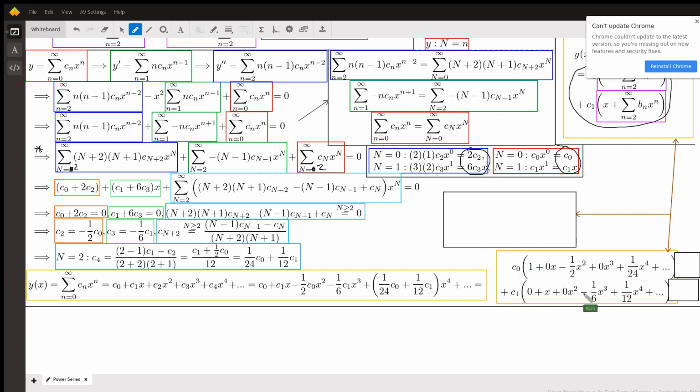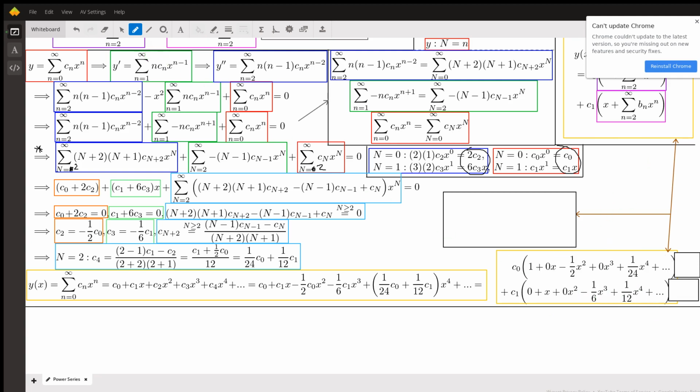These two versions of y of x now line up. We have C0 times 1 plus a term with 0 plus a bunch of stuff starting with x squared. And then for C1, we have x plus a bunch of stuff starting with x squared.